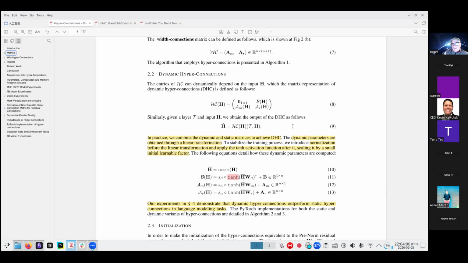The problem with that is that the width of the residual stream is the primary driver of the number of parameters you have. So if you multiply that by 4, ballpark, your number of parameters is going to go up by a factor of 16. So this paper is really about, is there a way we can get some of the benefit of a wider residual stream without paying the cost of quadratically more parameters?